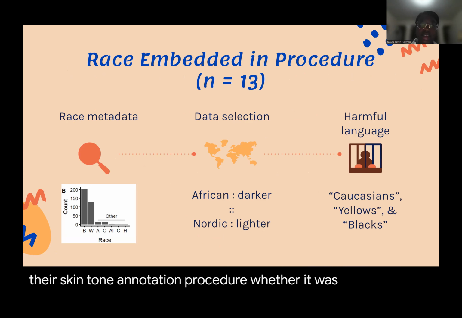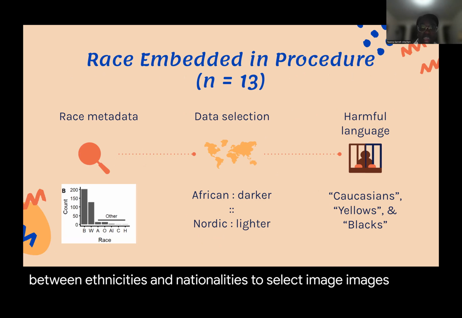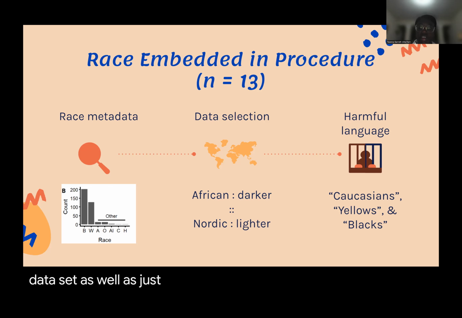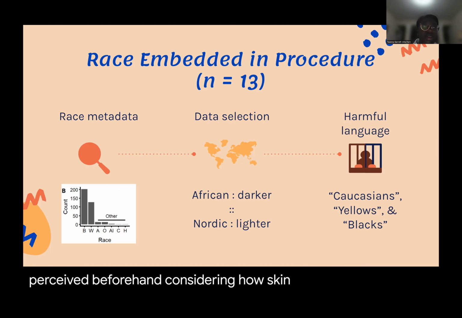Whether it was collecting race metadata in addition to skin tone annotations, using associations between ethnicities and nationalities to select images for the dataset, or making clear jumps to harmful racialized language in place of more objective skin tone annotations, it was a large-scale issue that was not perceived beforehand, considering how skin tone was supposed to be a separate and more objective annotation than race.